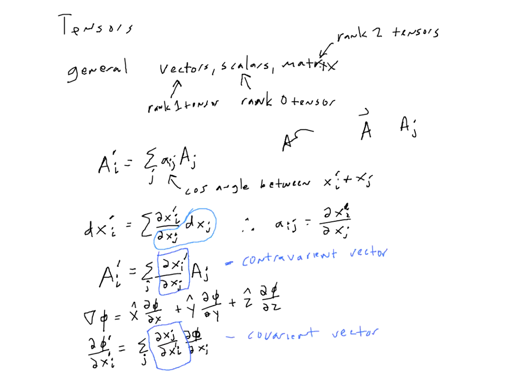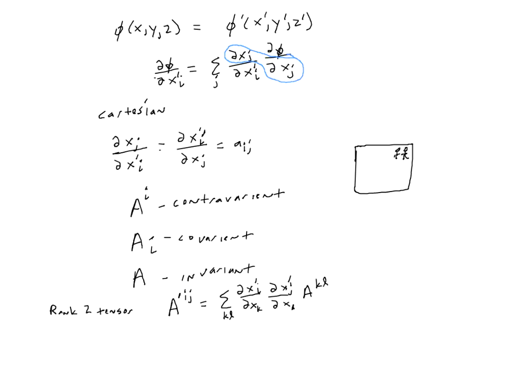Whereas with the vector, you can see it only needs 1 index, or 1 transformation matrix to transform it, because it only has 1 index. With the scalar, it doesn't need any indices, so it has no transformation matrices.